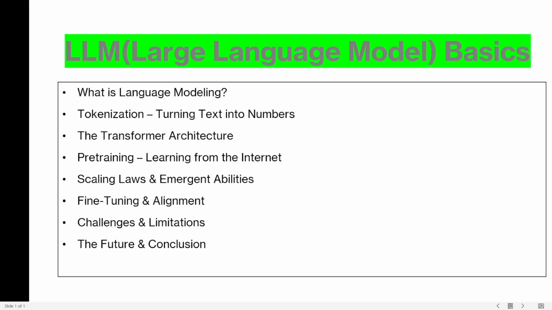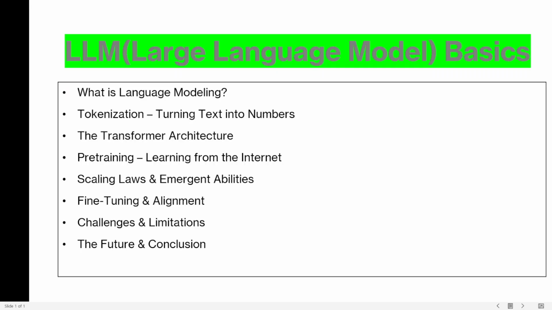Here is the profound insight. To predict the next word really well, a model has to learn an enormous amount about the world. To complete "The capital of France is dash," it needs facts. Let's take some other examples. To complete "She opened the door and dash," it needs to understand narrative and cause and effect.